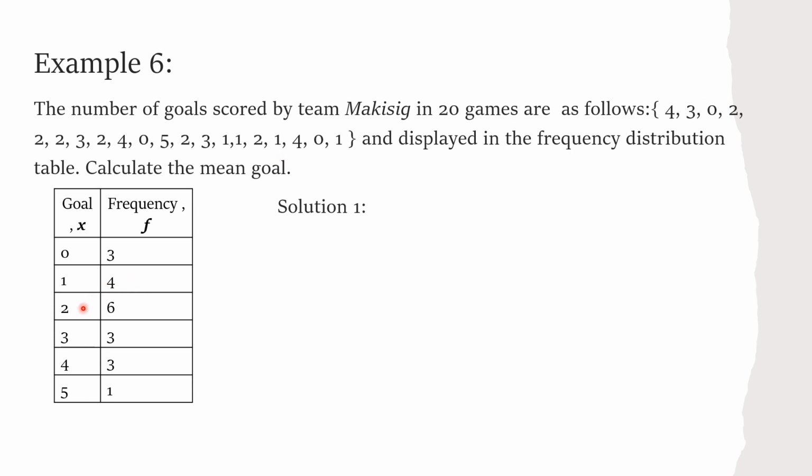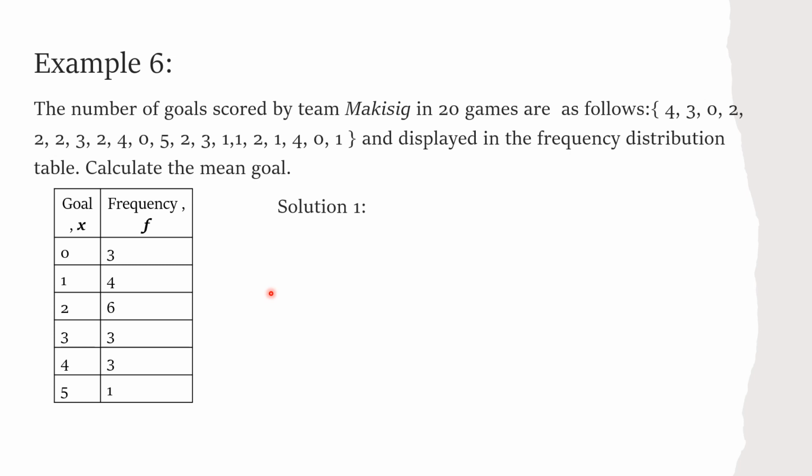For goal score 2, we have 1, 2, 3, 4, 5, 6. Then for 3, there are 1, 2, 3. For goal score 4, 1, 2, 3. And for goal score 5, there is only 1.